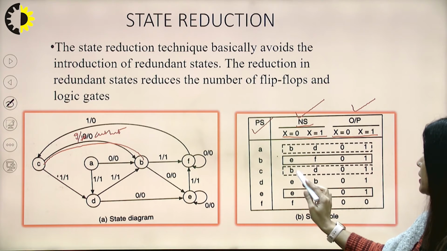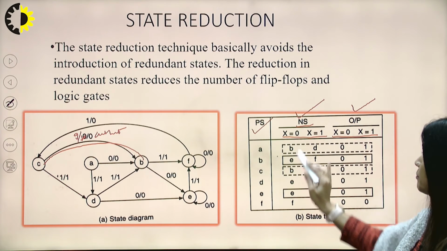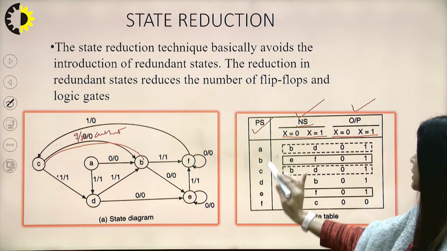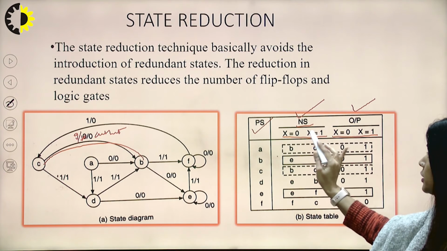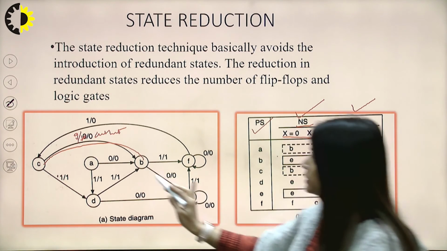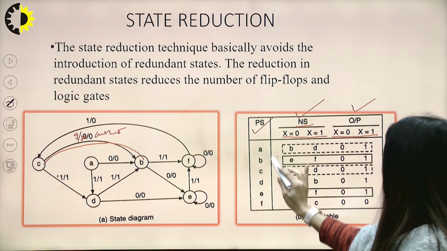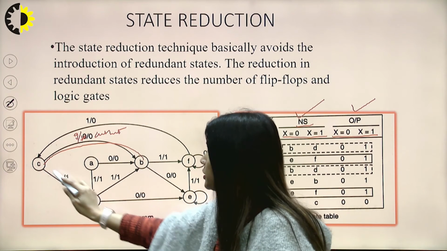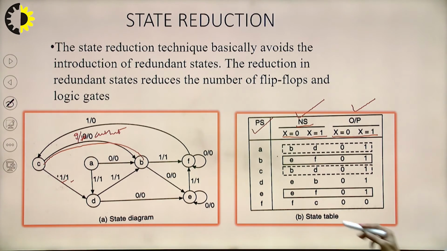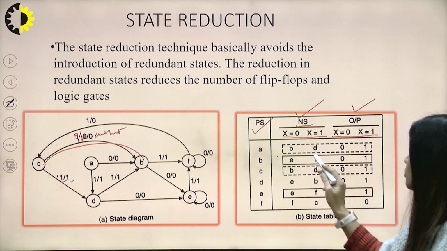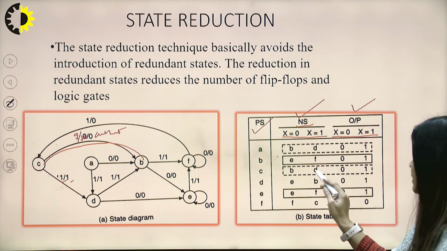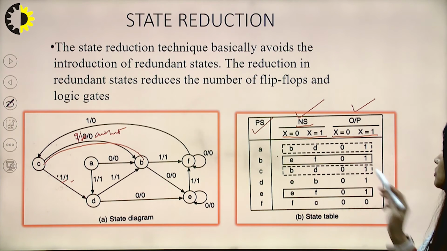C to D when input is 1 and output is, let's say, 1. So we will write here C to D when input is 1 and output is also 1.